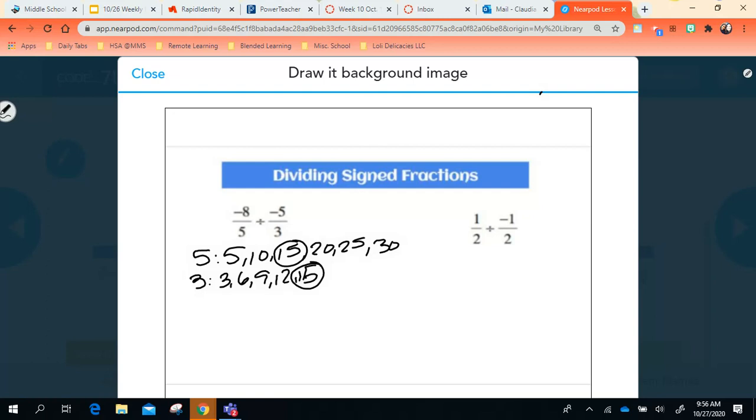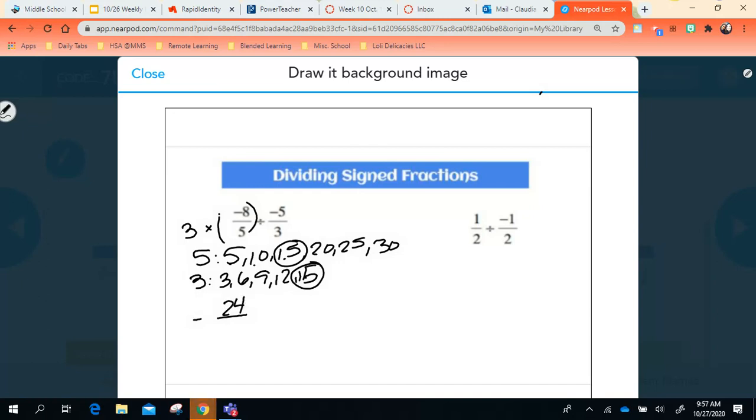Okay, so I'm going to go ahead and multiply my first fraction by 1, 2, 3. What is negative 8 times 3? 24.